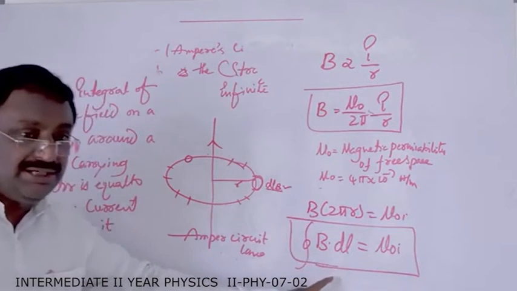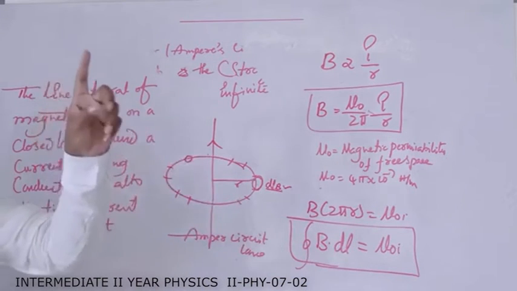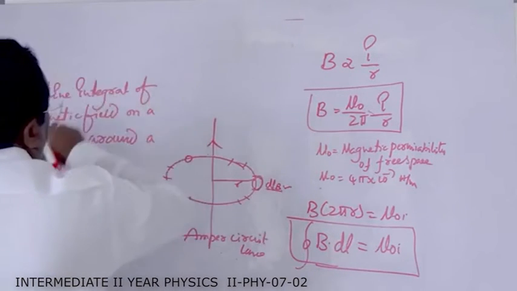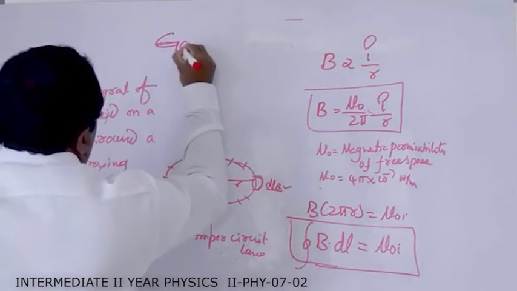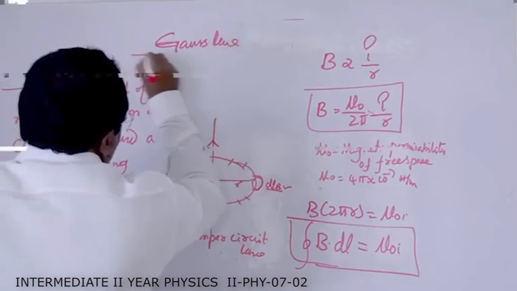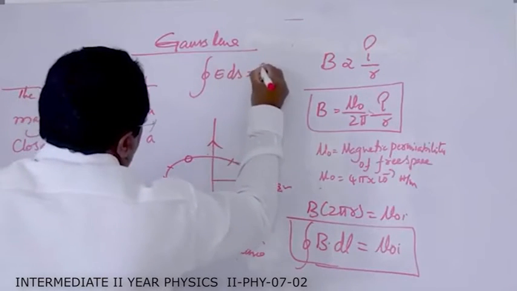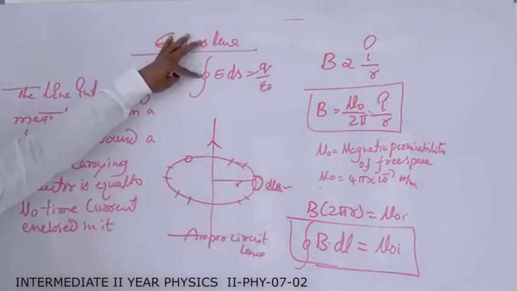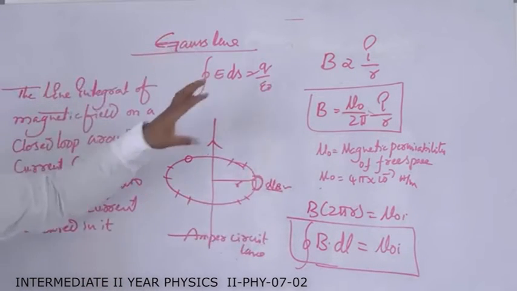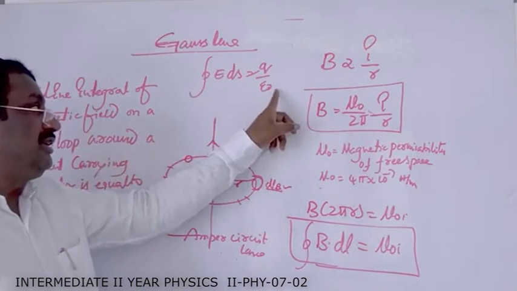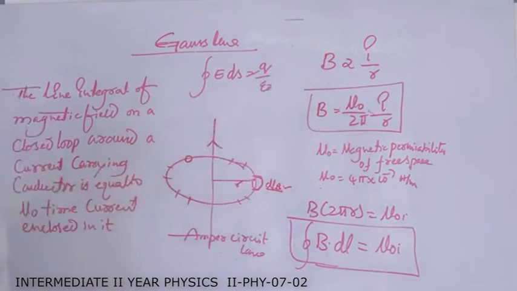This law is similar to Gauss law in electrostatics, which you people studied. What is this? The electric flux passing through a closed surface is equal to 1 by epsilon naught times the charge enclosed in it.